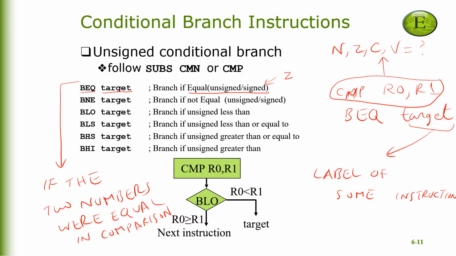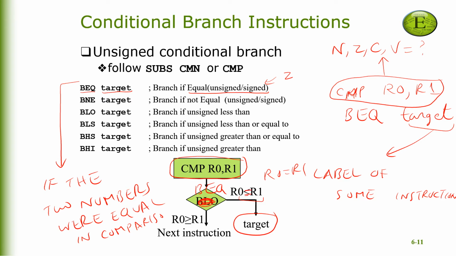So we compare R0 with R1, for example, and if R0 is equal to R1, then we are going to go to the target.